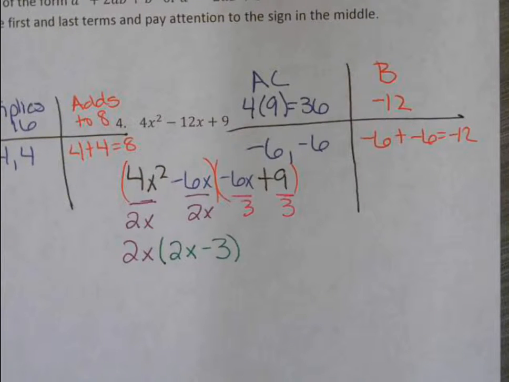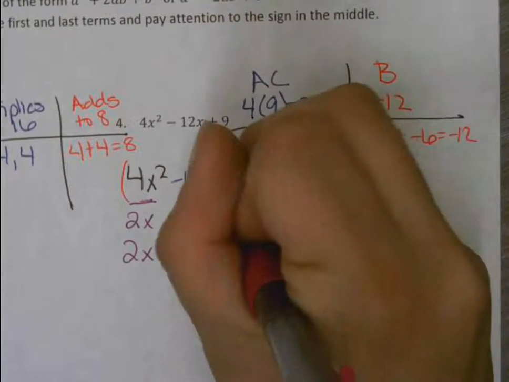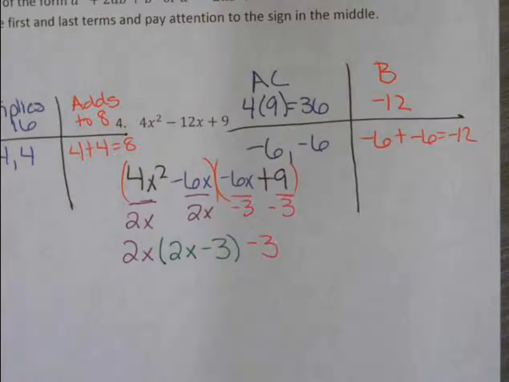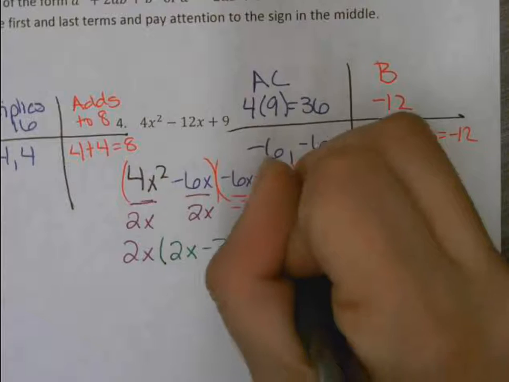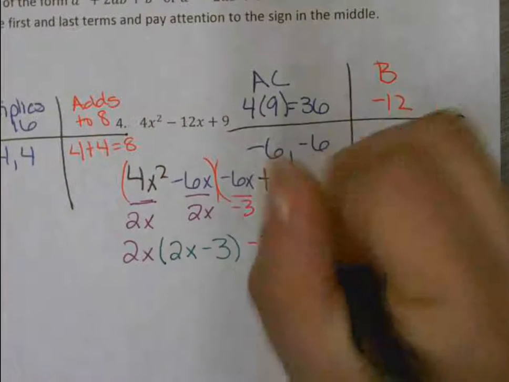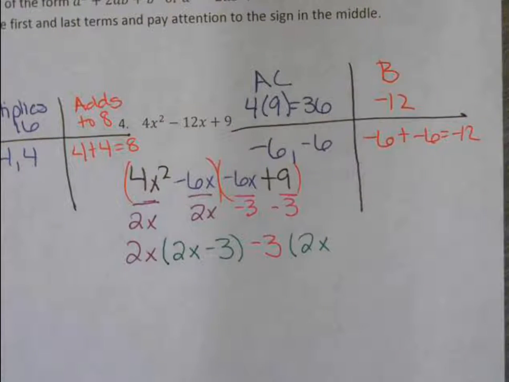No, 9 doesn't have an x. What's different about 6? It's negative. So I want to pull out the negative so my answer inside the green parentheses will be positive. So negative 6x divided by negative 3 is 2x. Positive 9 divided by negative 3.